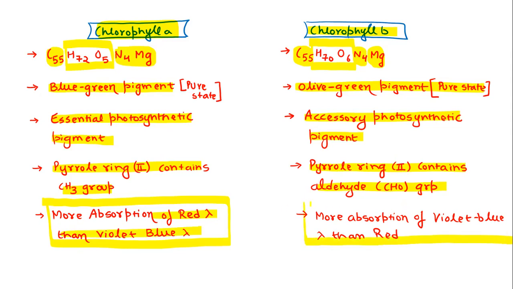It shows a stronger absorption in the violet-blue wavelength compared to the red one, which we have to remember. So this is a comparative account for chlorophyll A and B.